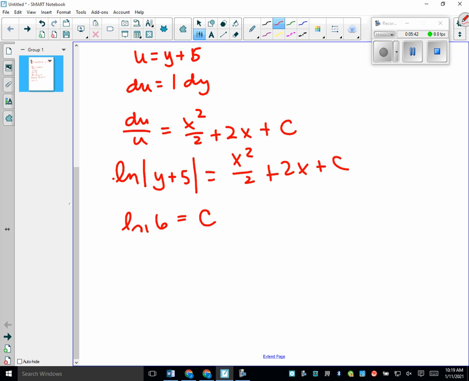So ln of y plus 5 equals x squared over 2 plus 2x plus ln of 6.